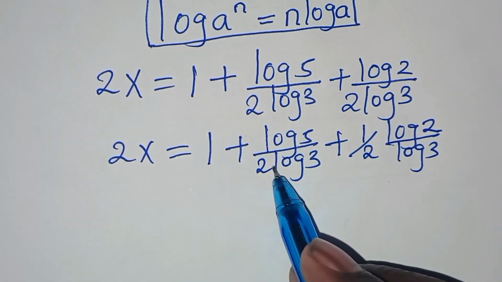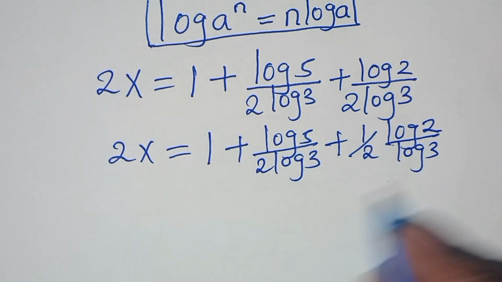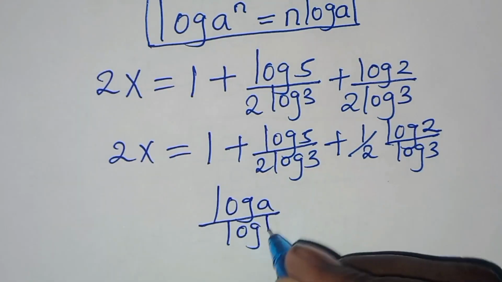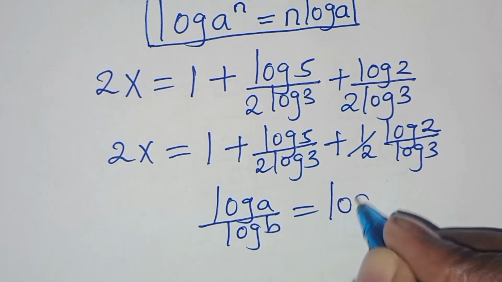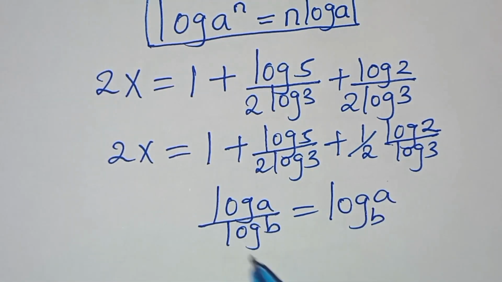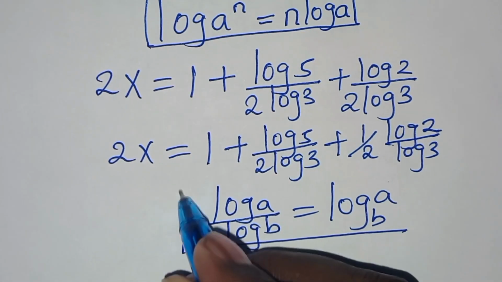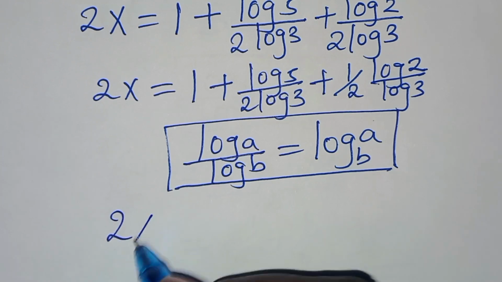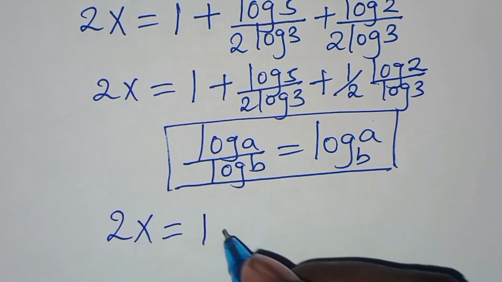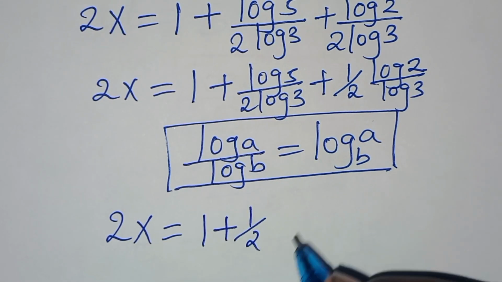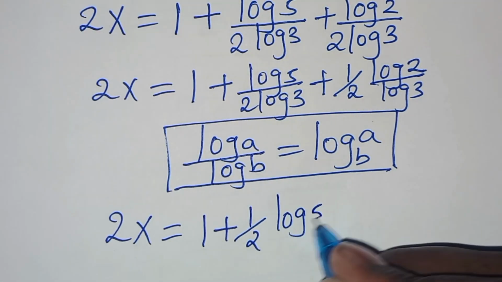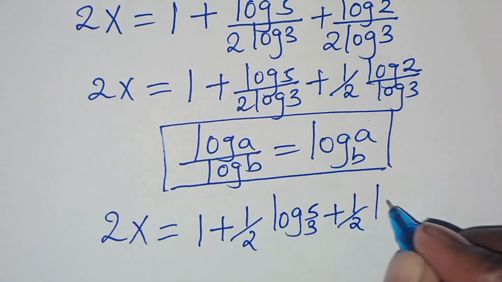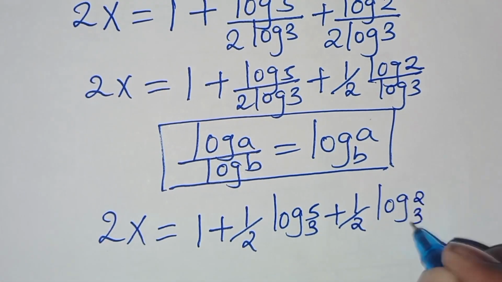So log 5 divided by log 3 and log 2 divided by log 3, this is in the form of log a divided by log b, which we can express as log a to base b. So let's apply this property so that here this is 2x, which is equal to 1 plus half log 5 to base 3 plus half log 2 to base 3.